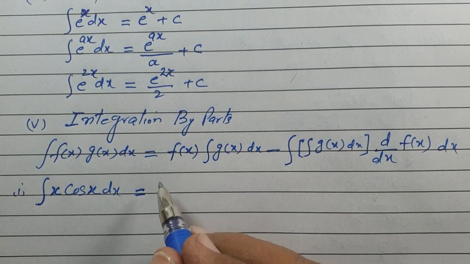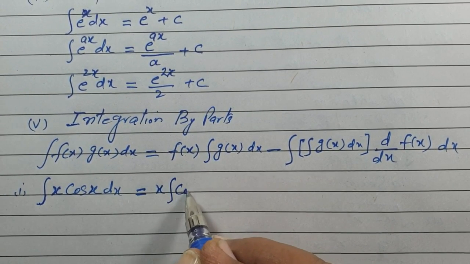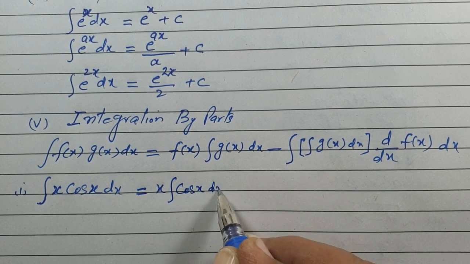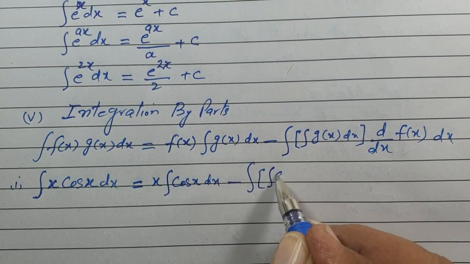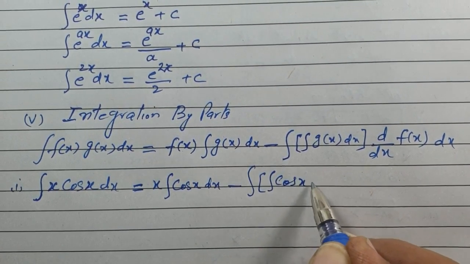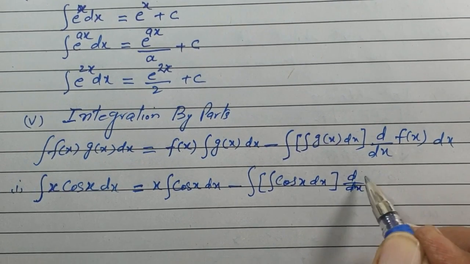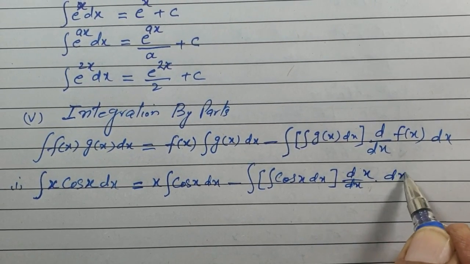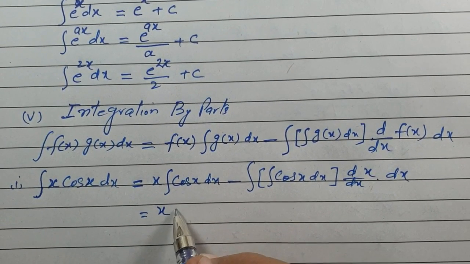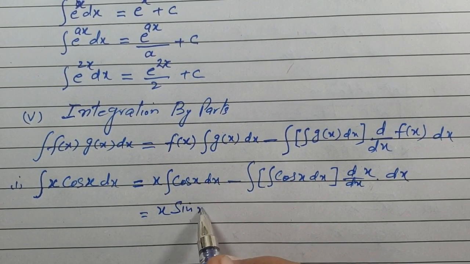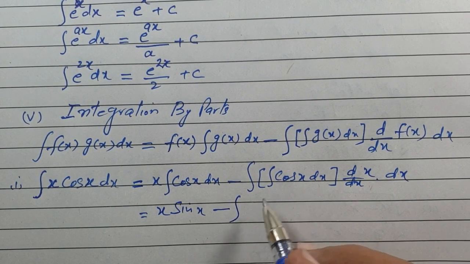So we proceed as first function into integration of second function, minus integral of this integrated function into derivative of first. x, its integral is sine of x, minus integral, what is the integral?